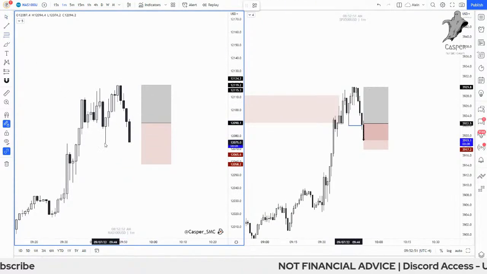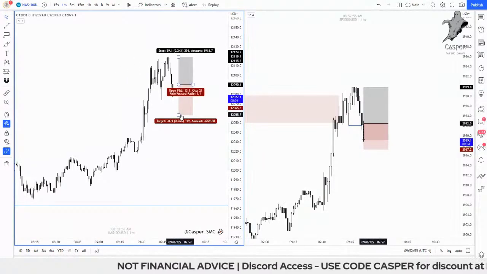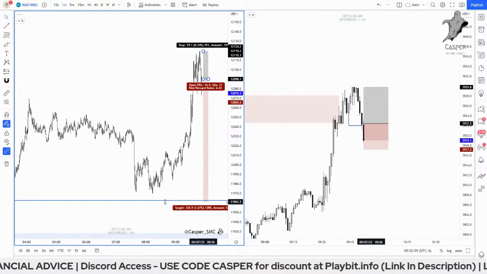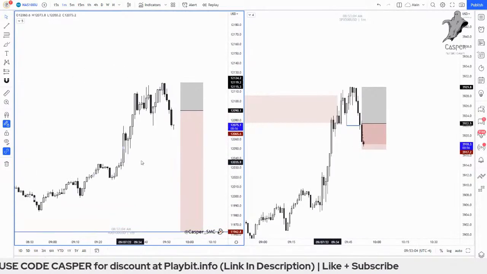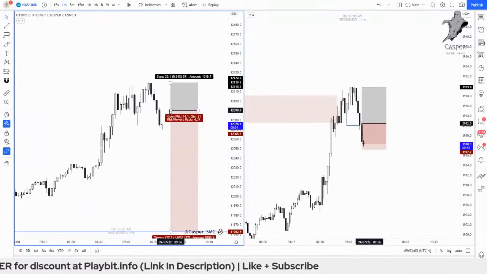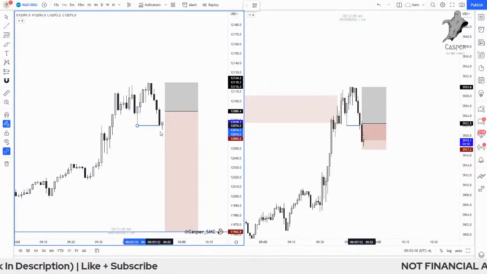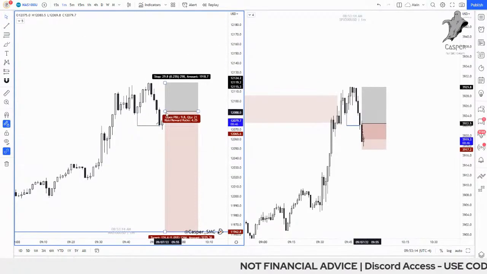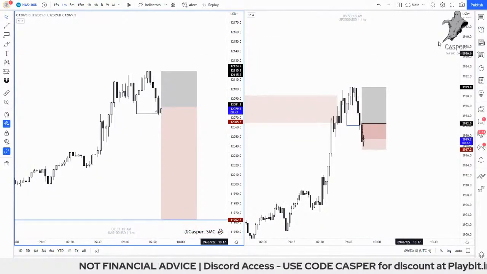Ideally, what I want to see here is the NASDAQ give a nice sell opportunity. Yeah, I'll go ahead and take a NASDAQ sell here.